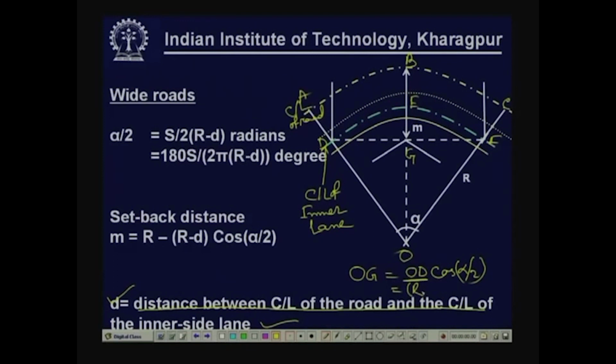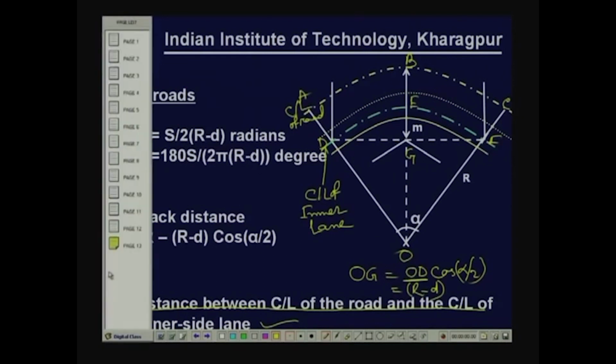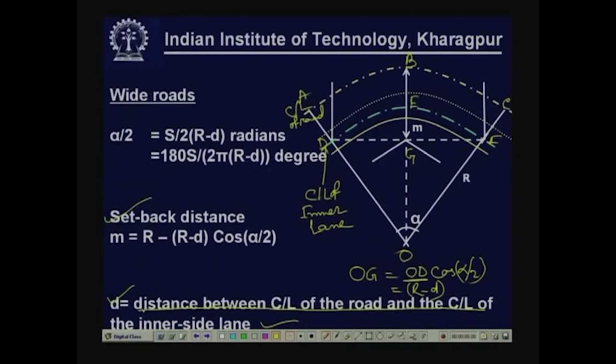So, R minus small d is the AD. So, in this case, setback distance becomes R minus d cos alpha by 2.